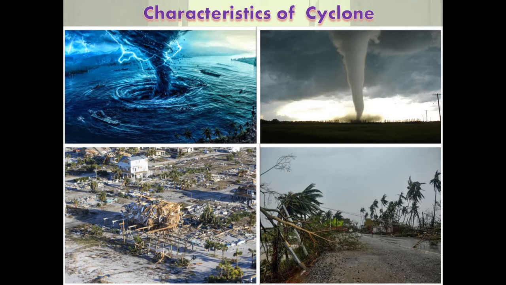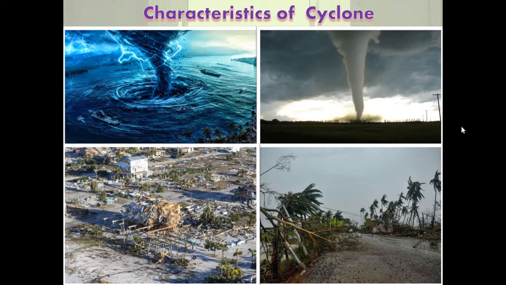Okay, so category number 5 is a very dangerous cyclone. Its speed is 305 km per hour. Okay, like a bullet train. Okay, so these are the different categories of cyclone, category 1 to category 5. In the western region it is called hurricane.